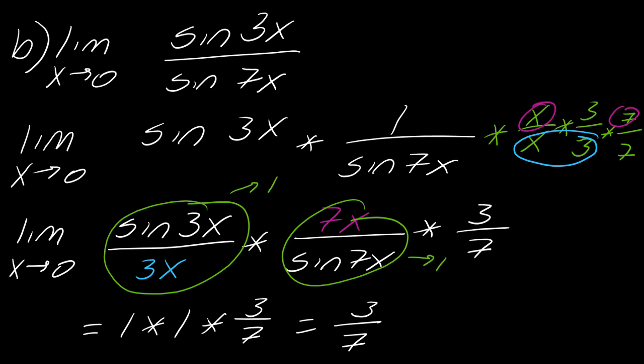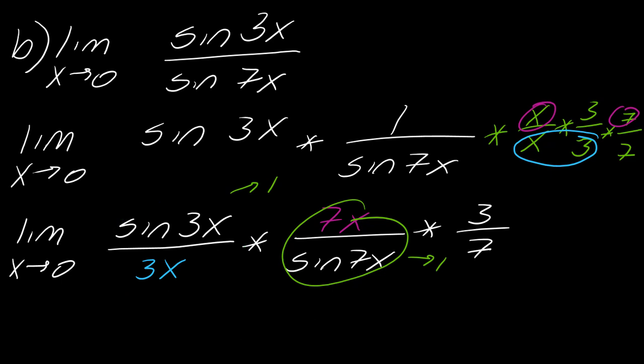So again, if you multiplied by too many things, that's the error I noticed. This answer is 3 over 7. Let me back up for a second and show you some errors that I noticed. I saw that a lot of people got to this point, but it turned into extra x's.